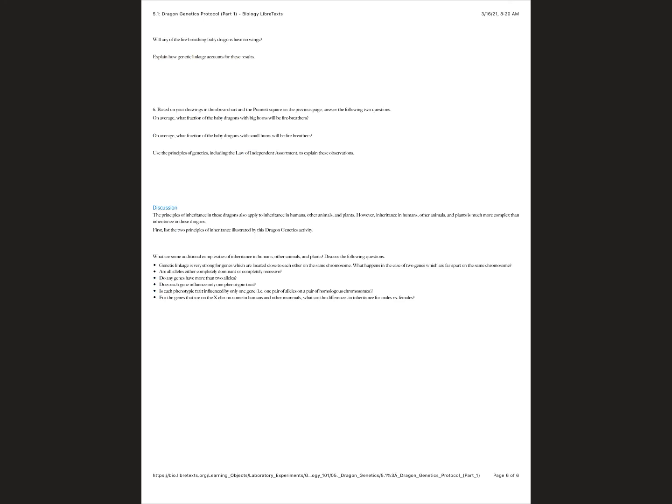Here's, will any of the fire breathing baby dragons have no wings? No. Why? Because they're linked. I don't know what else to say about that. Remember, fire breathing is big F, wings is big W, and long fangs is big N. Those 3 move together. So again, because the genes move together, if you have one, you have the other.